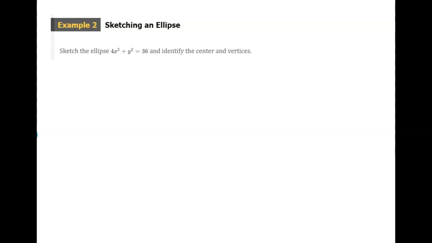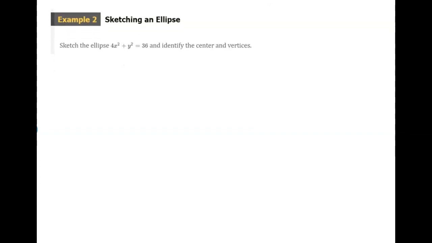If you recall, I told you that we need to find the standard equation of the ellipse, and that will allow us to identify the center and the vertices, because for the center, of course, we will need to know h and k. Now for the vertices, it's actually going to depend on whether this is a vertical or a horizontal ellipse.